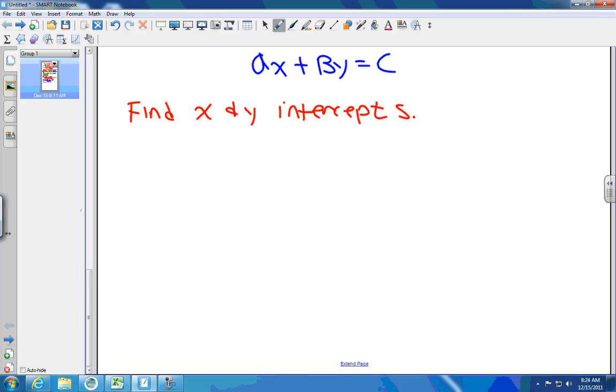Find x and y intercepts. Now this is talking about a linear right now, but it could be anything. The rules are always the same for finding intercepts. How do we find the x-intercept? Make y 0 and solve. How do you find the y-intercept? Make x 0 and solve.